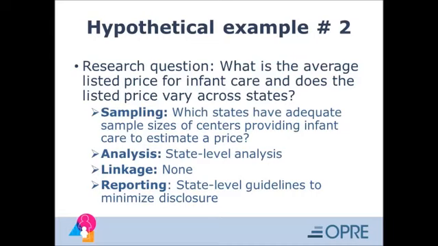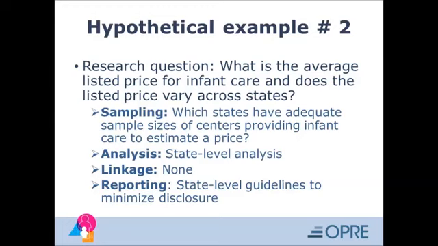On the other hand, here's a slightly different framing. What's the average listed price for infant care? And does that listed price vary across states? So now, instead of a geographic element that's about the very small community surrounding a provider and its poverty density, now we're saying what is the average price in each of the 50 states and the District of Columbia.